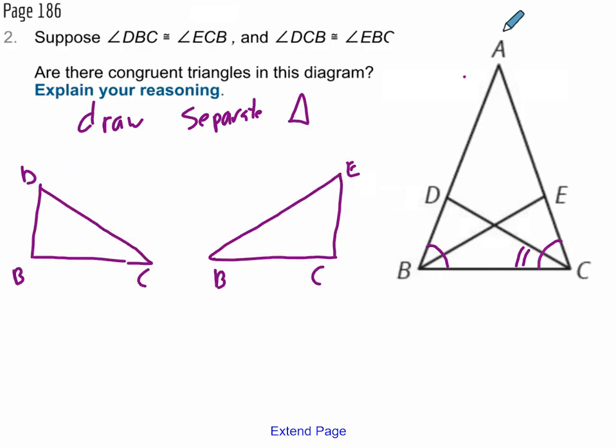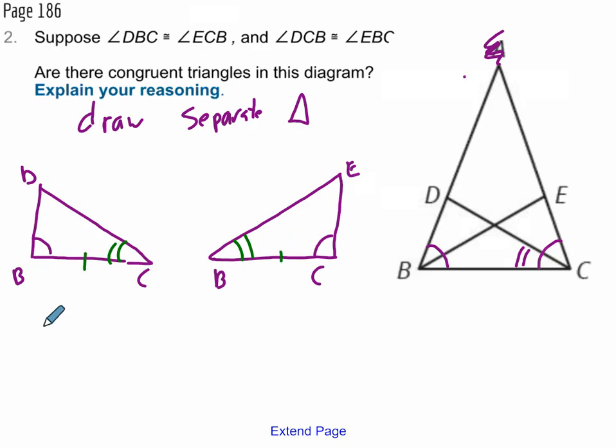We're not going to be using angle A. So now I have these two separated, and when I mark the text here, I can say that BDC, which is this one, is equal to ECB, which is this one. And then I can say that DCB, which is this one, is the same as EBC, which is this one. And then I look here, and what else? Oh, well, BC is the same on both, so I can mark that.